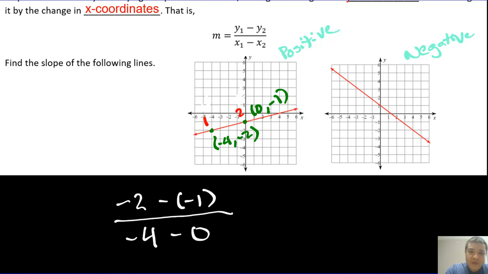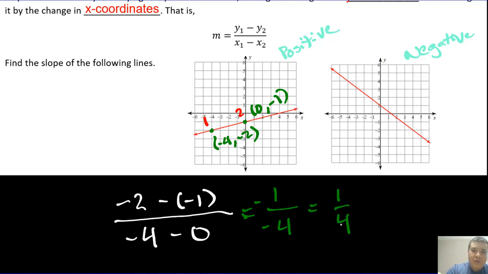So let's take a look at this. This is -2 plus 1 essentially. So that's -1 over -4, which we know is 1/4.